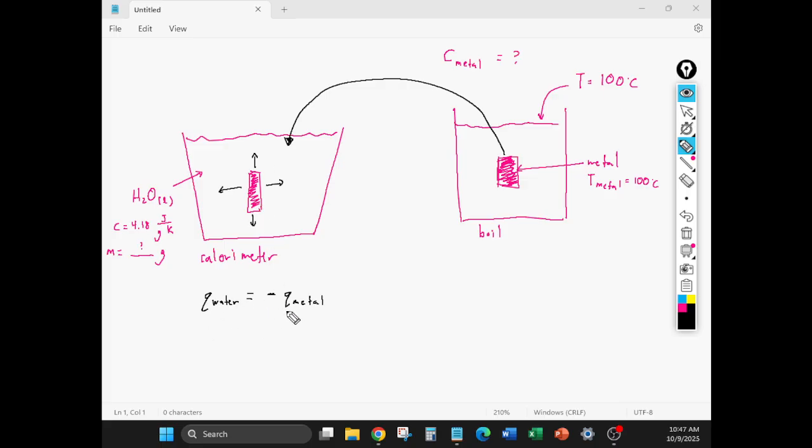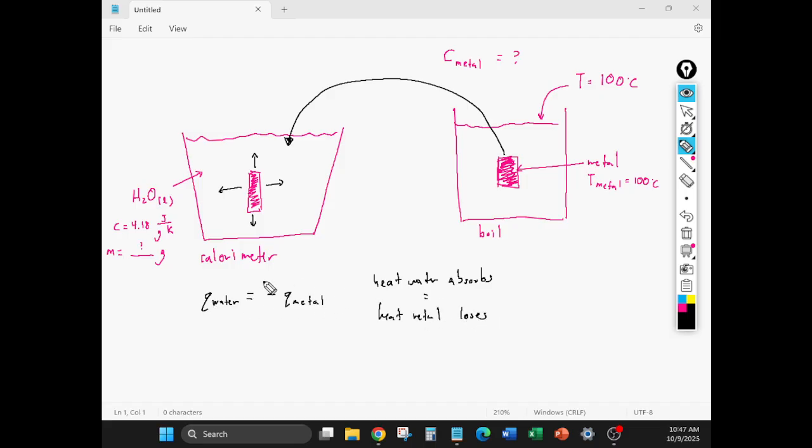Okay, so this is your initial equation. Okay, so just think about it logically. If the metal is giving energy to the water, the amount of energy the metal loses is the same amount of energy that the water absorbs, right? It's going into the water. So this equation is just basically describing that the heat that the water absorbs is equal to the heat the metal loses.